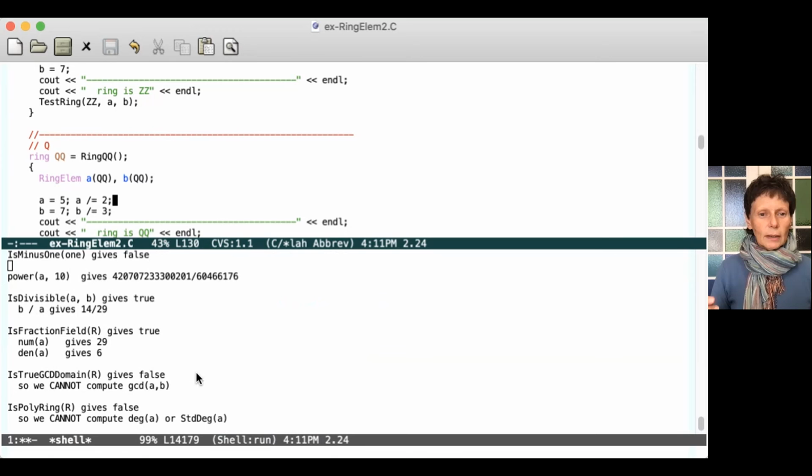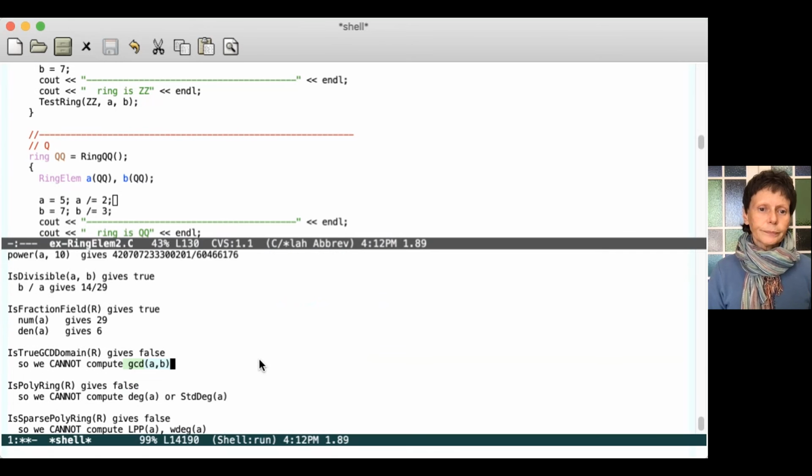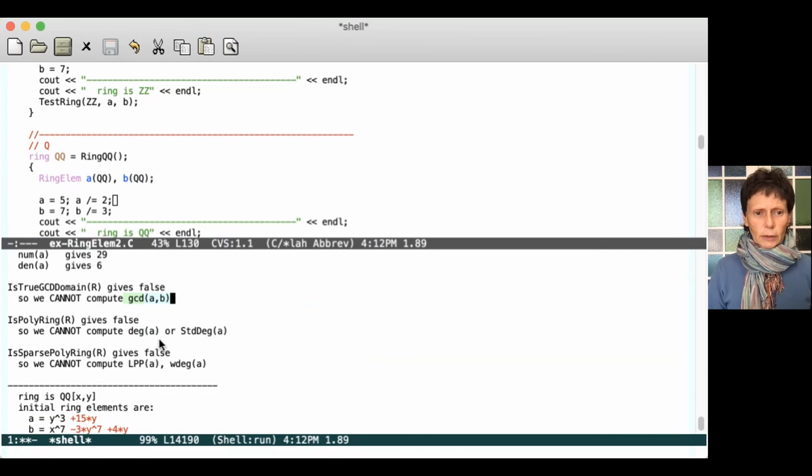I mean, we prefer to say it is not a true GCD domain, because if someone is asking for the GCD of 2 elements of a field, probably is not doing what is thinking is doing. So we return false. So we cannot compute the GCD in a field. It is not a polynomial ring. It is not a sparse polynomial ring.